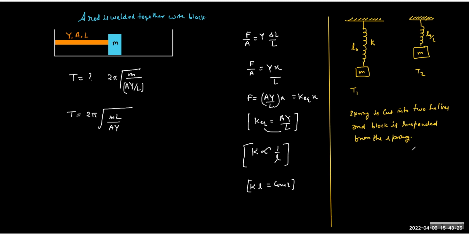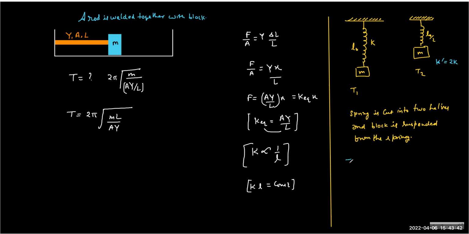Sir, in T2, in the denominator, under root 2k will come. Yeah, right. So here, although the k is not given, you can figure out that because the length has halved, the new k will be twice the original, right?